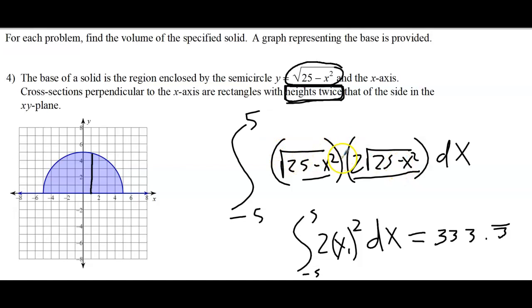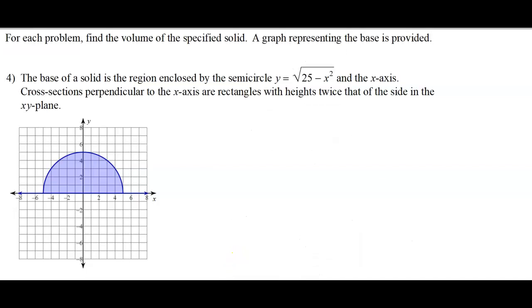So if I call the base y1, then as I rewrite this, it'd be 2 y1 squared, because you have the base being multiplied by itself. And then we're going from -5 to 5 once again, and you end up with a total volume of 333.3.